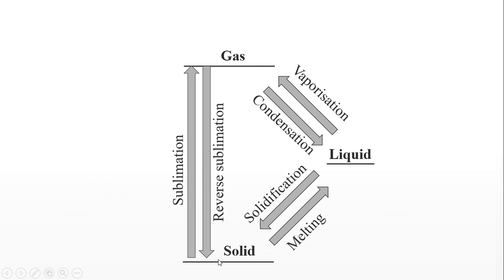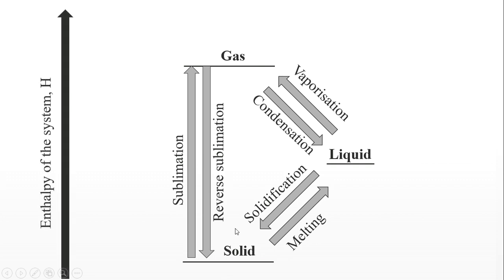Goes in the other direction here. So here we have quite a couple of phase transitions. I've included all of them on the same slide. And the further up we are in this picture, the higher the enthalpy will be. So gas will have a higher enthalpy than liquid, than solid.